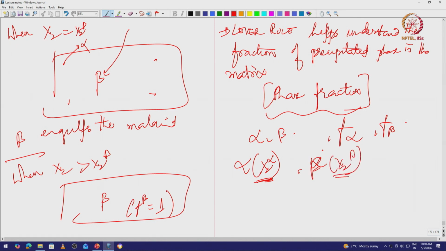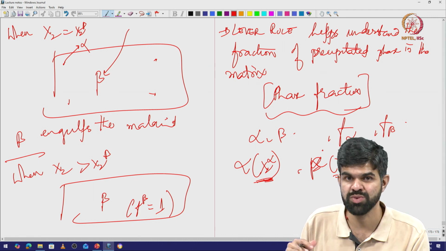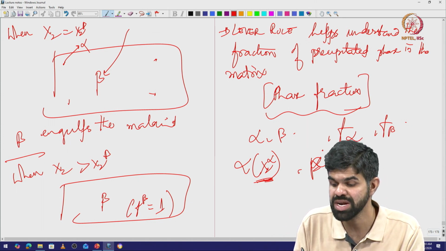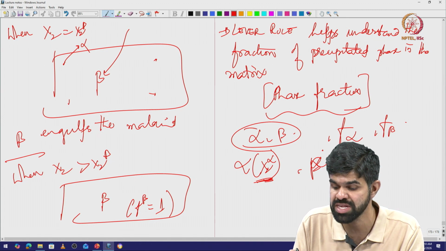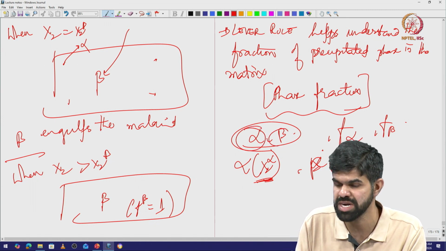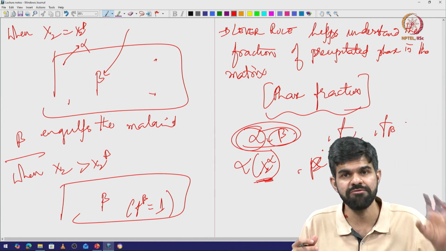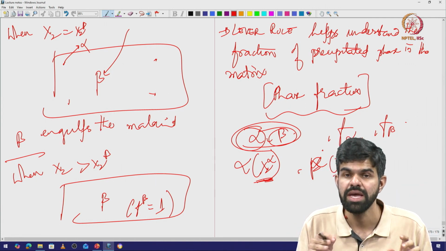So I am not looking at x1 plus x2 equal to 1, I am not looking at the species. I am looking at the phase fractions. I already know that this part is in this crystal structure, this part is in that crystal structure, I have a phase mixture, and so what is the phase fraction of alpha, what is the phase fraction of beta, okay.